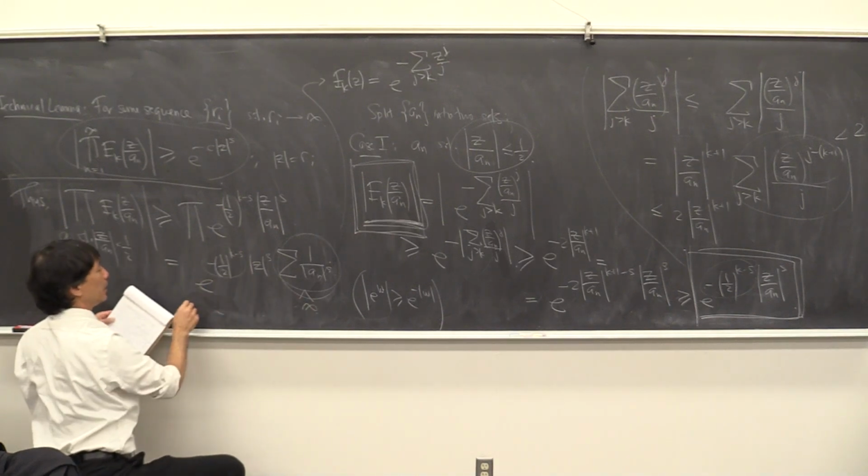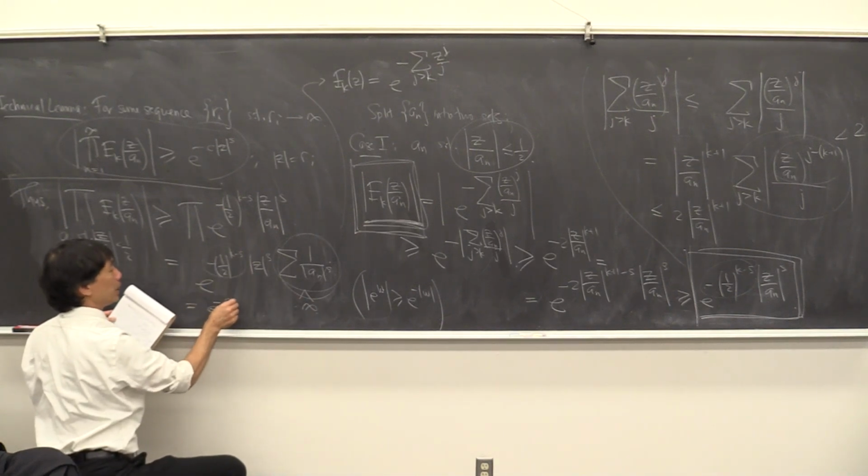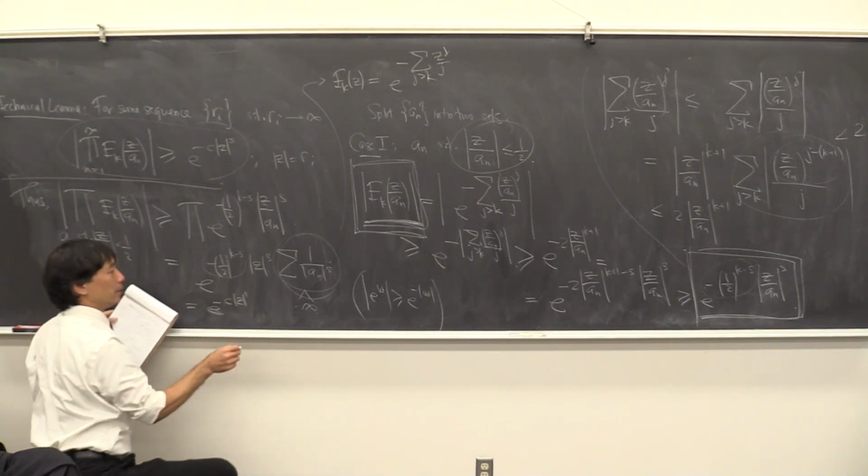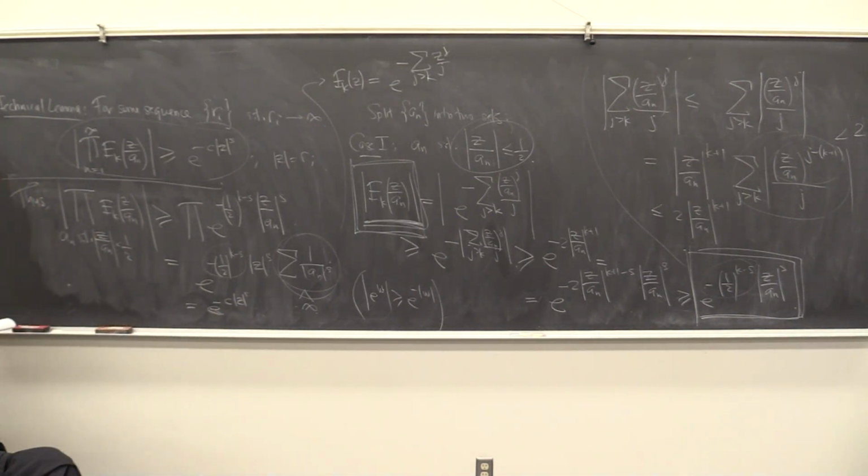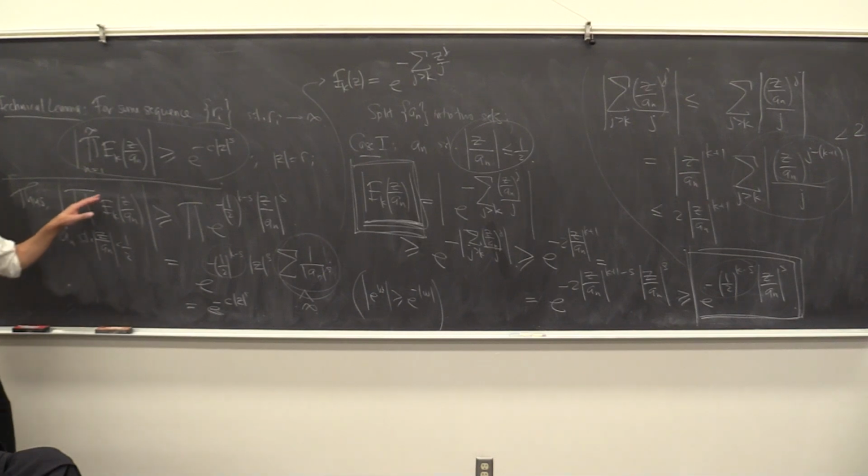And this is certainly finite, right? So we get e to the negative c, z to the s. So that allows us to control the product over the roots that are large.